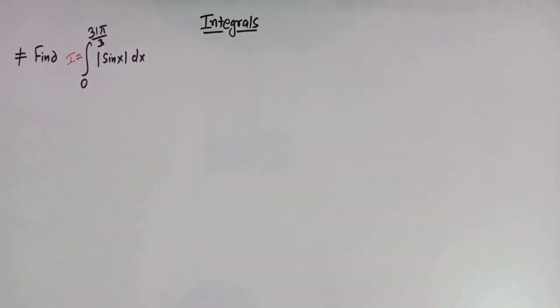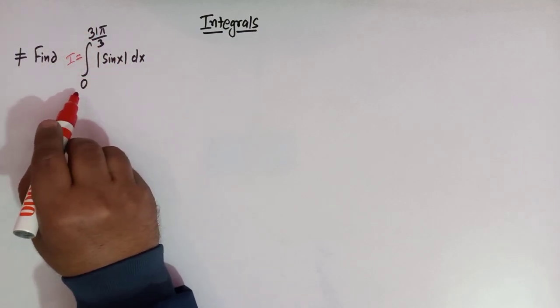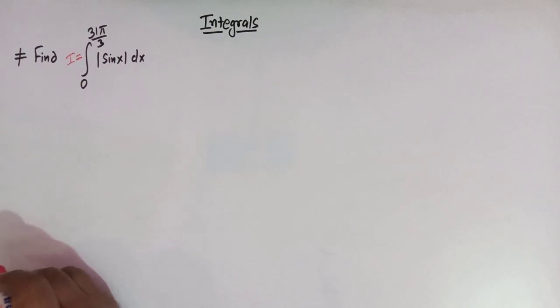In order to solve this integral, we have to make use of certain important results from definite integrals as well as from trigonometric functions. We'll see the results as we move further. The limits of integration are from 0 to 31π/3.